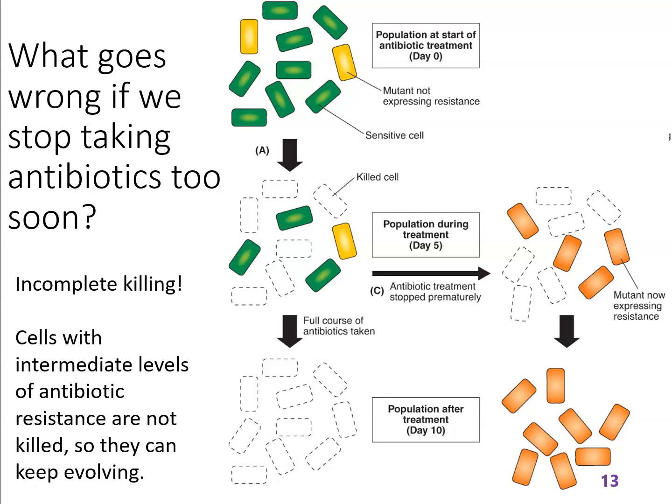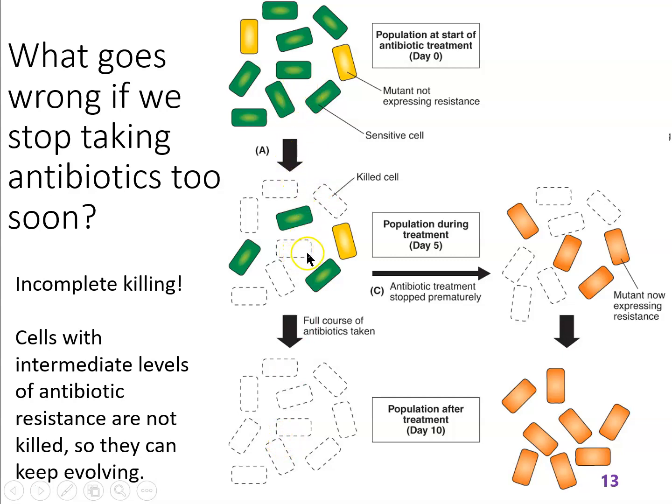And that gives them some resistance. If you take antibiotics long enough, they will get all through the body and accumulate in the sites of infection at high enough concentrations for high enough durations to kill even those. That's what we want: to kill even the susceptible, sensitive cells and the partly resistant cells. If you take antibiotics for the right amount of time, you'd kill all of them and the immune system would finish the job.